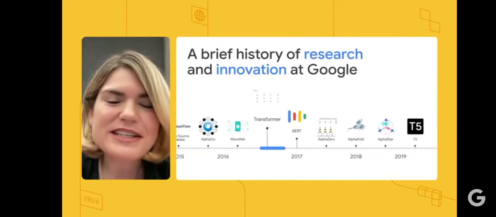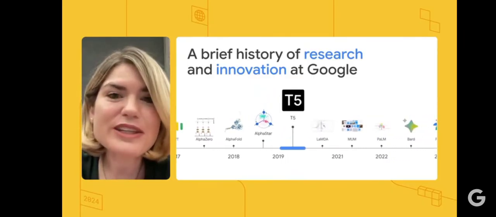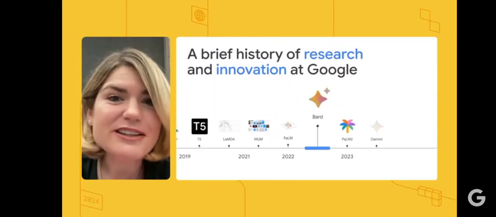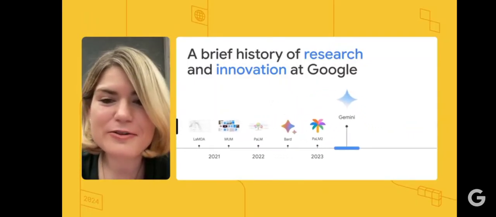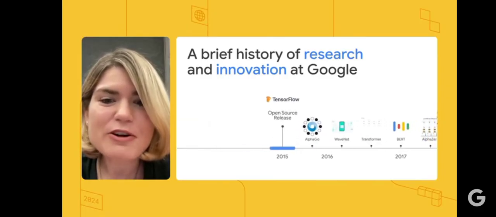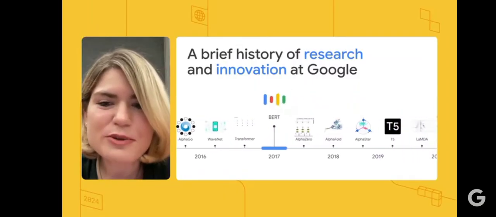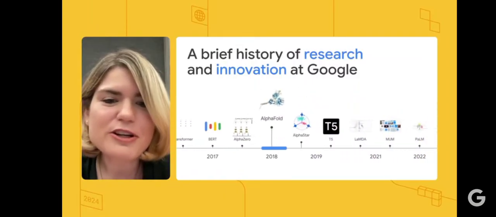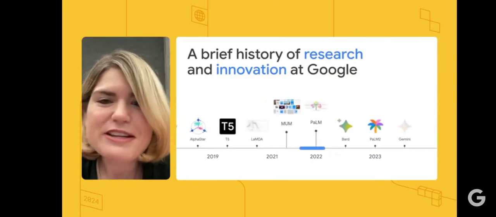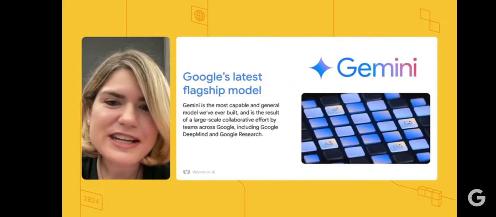Our company's entire mission around organizing the world's information and making it useful really ties into machine learning and AI in general. And we've been doing this since earlier in the lifetime of Google, and also with things like TensorFlow's first open source release in 2015, as well as great projects like AlphaZero and AlphaFold from our colleagues at DeepMind. And then finally, Gemini, which is our latest flagship model that we'll be looking at today.